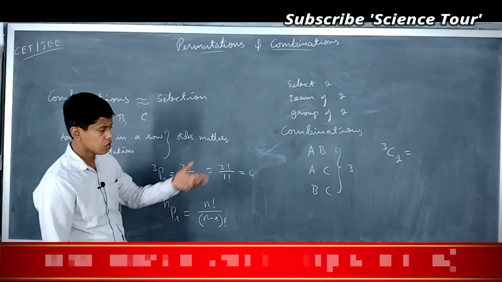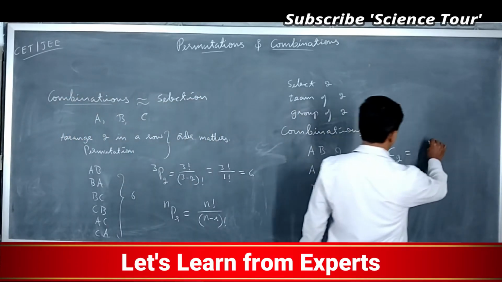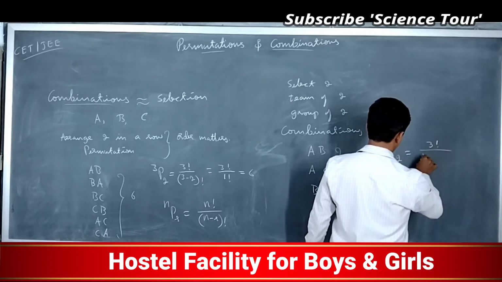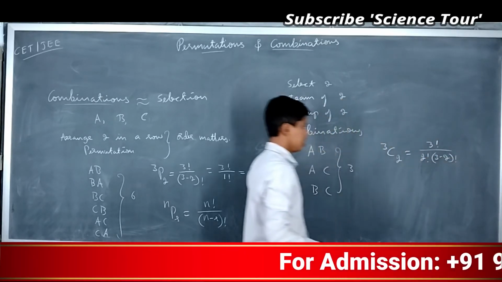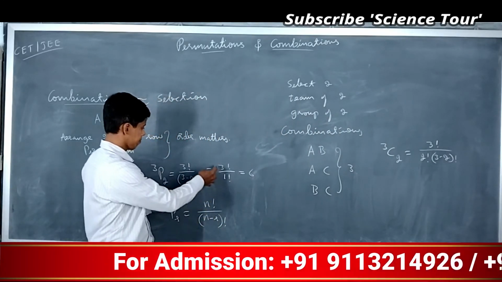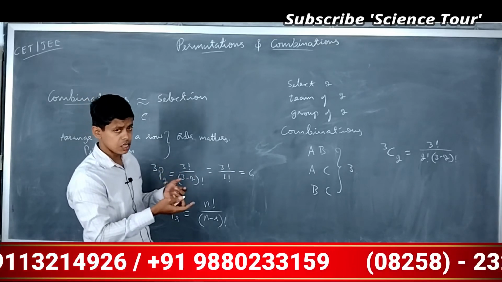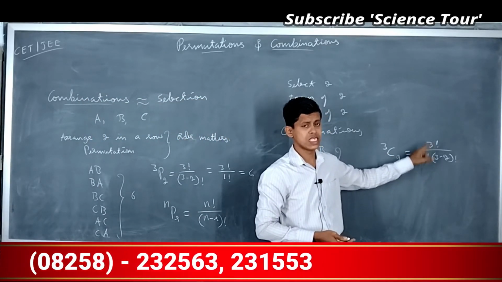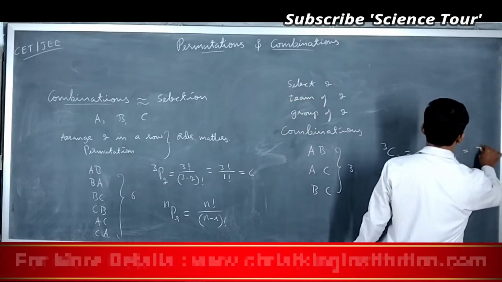In other words, you have to divide by 2 factorial, so that would be 3 factorial divided by 2 factorial and 3 minus 2 factorial. So 3 factorial by 3 minus 2 factorial is the same, but additionally you have to divide by 2 factorial. So 6 divided by 2 will be 3. So this is going to be 3.